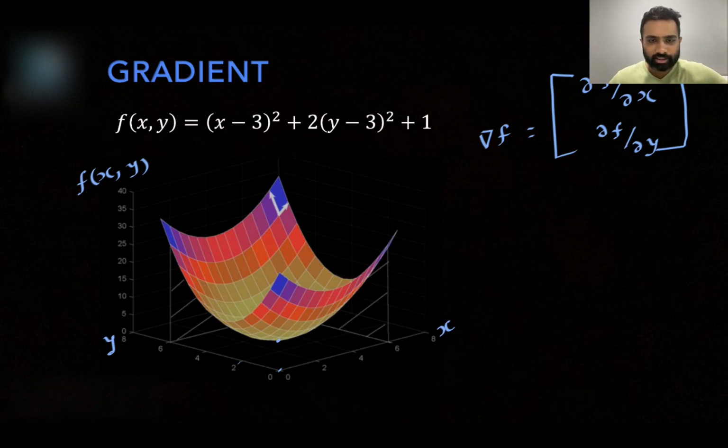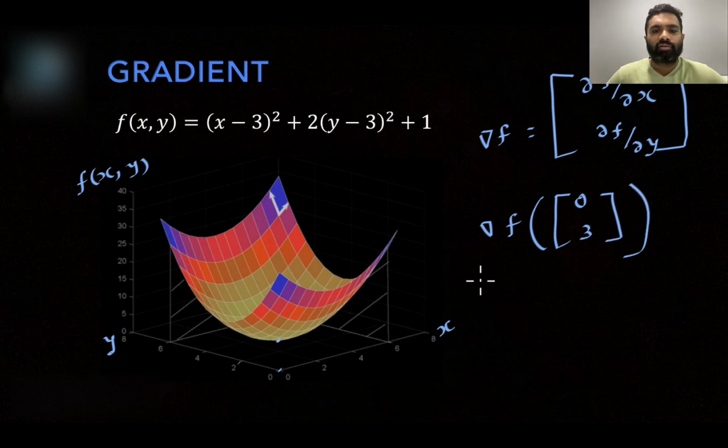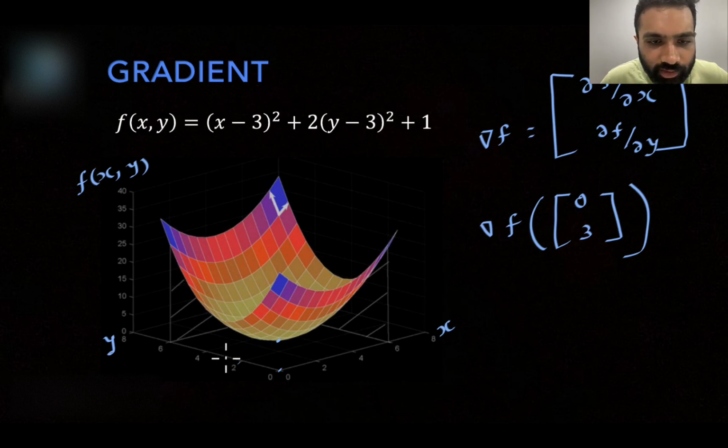Similarly, let me consider the gradient at this particular point, which is grad of f at 0, 3. So where does the 0, 3 point come in this particular curve? Now I am keeping the y coordinate as 3 only, but I am keeping the x coordinate 0. So the 0, 3 point comes somewhere here. The x coordinate is 0, that means it is on the y-axis, and the y coordinate is 3.